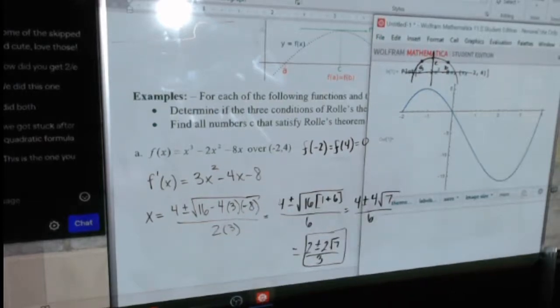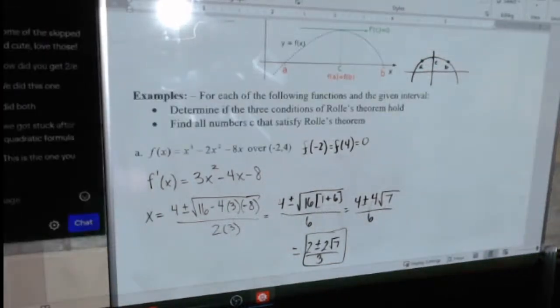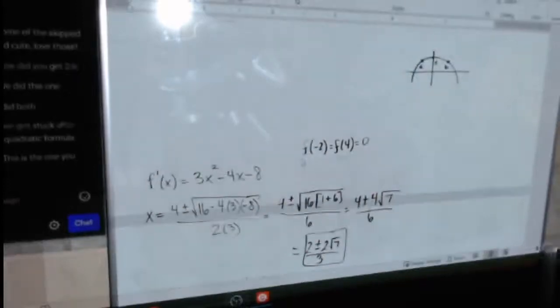So hopefully that helped with that problem. I can bring this guy back over. So that's a review of the two theorems that we've already done.